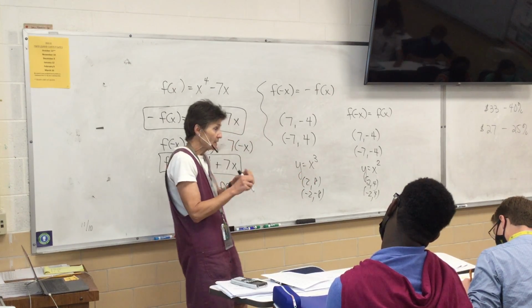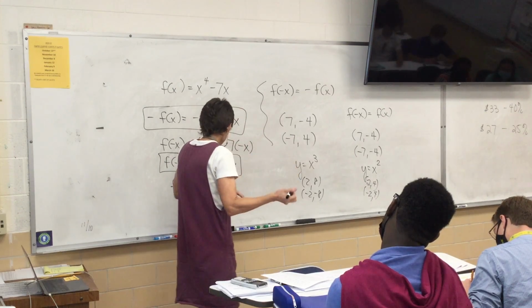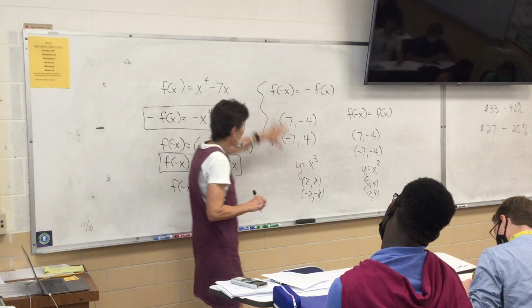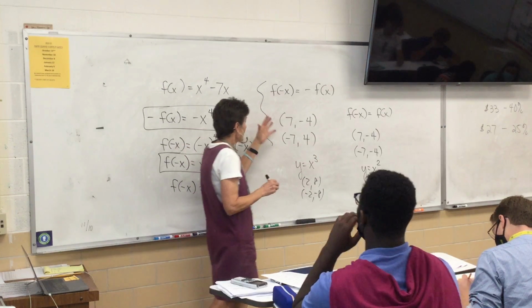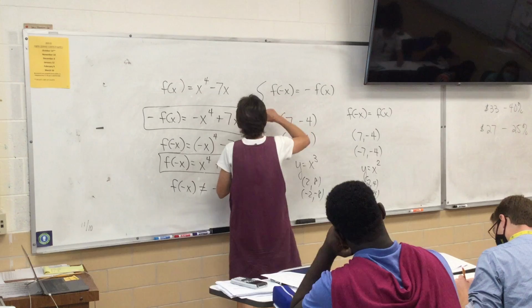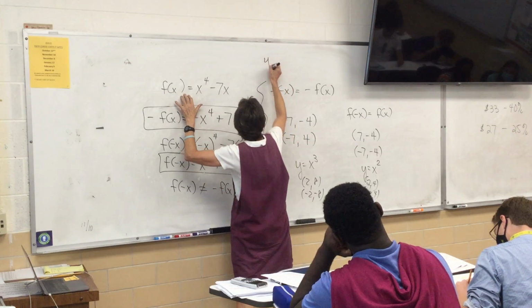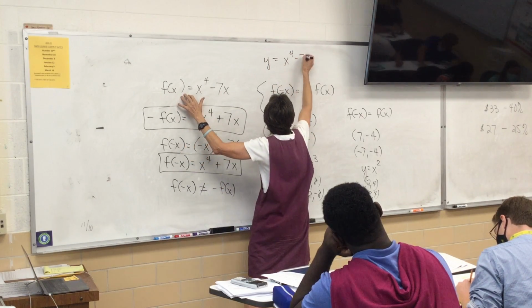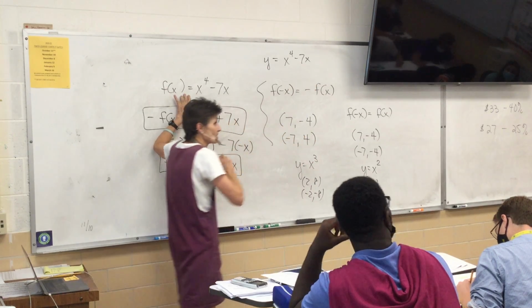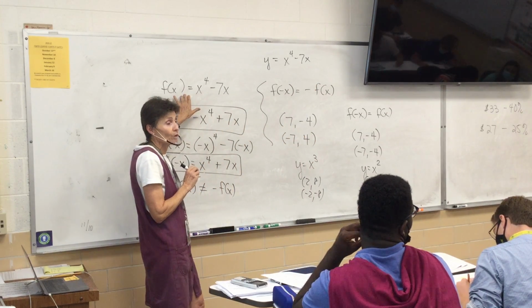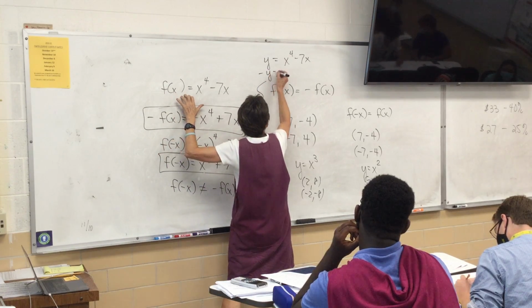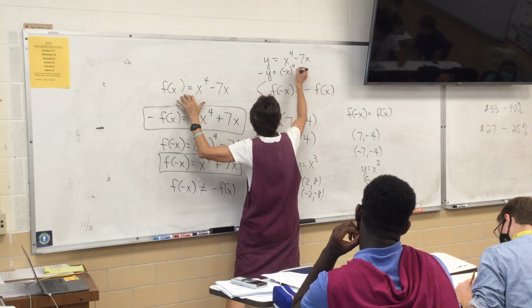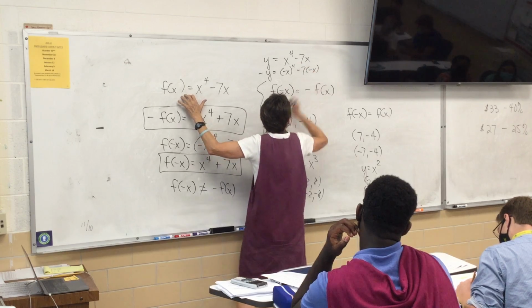That's even. Now, this whole idea of oddness and evenness is also related to symmetry. If you have your function and you test for symmetry about the origin, you change the sign on y's and you change the sign on x's.